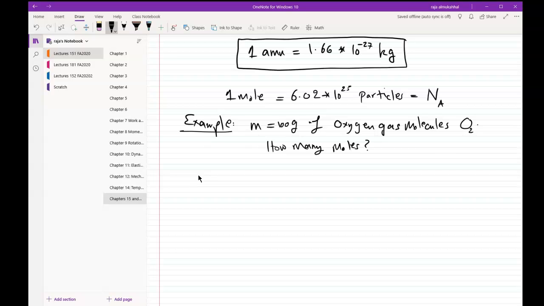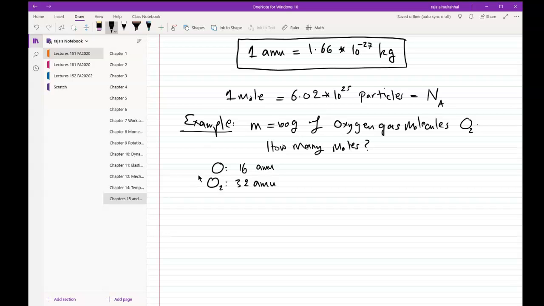Okay, so let's assume it is 1 molecule. The first thing I need to do: for O, the atomic mass is 16 AMU. Is that right? So for O2, it is 32 AMU. One way to do it is to convert it into kilograms.